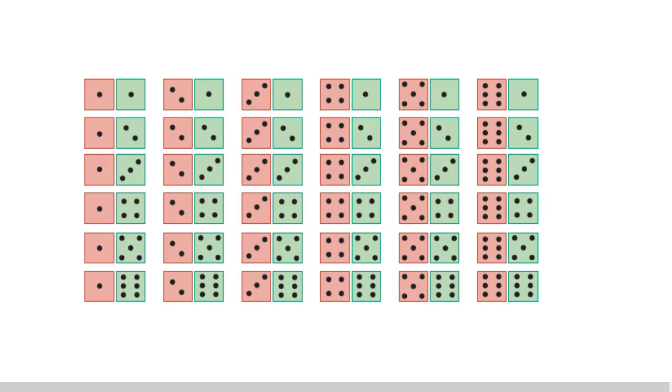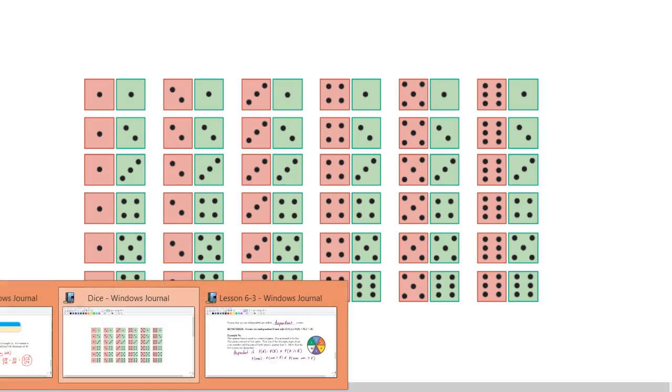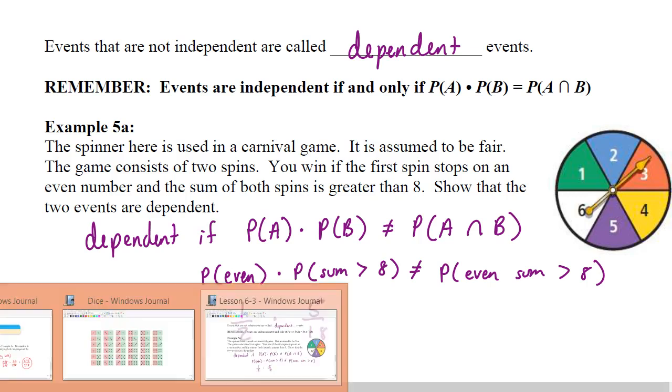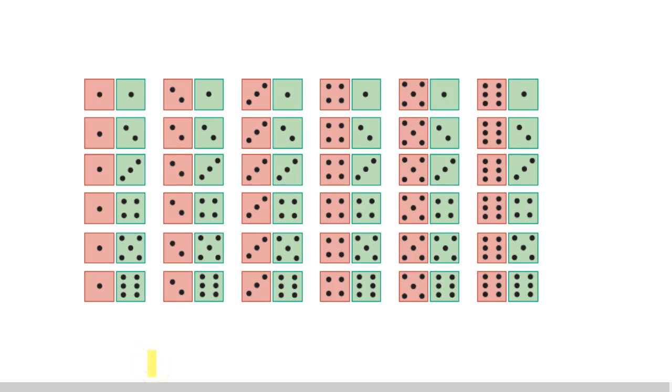But again, the first event is the probability of getting an even number. Well, that happens half the time here. So that happens 18 out of 36 times, or 1/2 the time. So we can reduce that: 18 over 36 would be 1/2. Now the probability of getting a sum greater than 8, if you look at your sheet, means a sum of 9 or more.